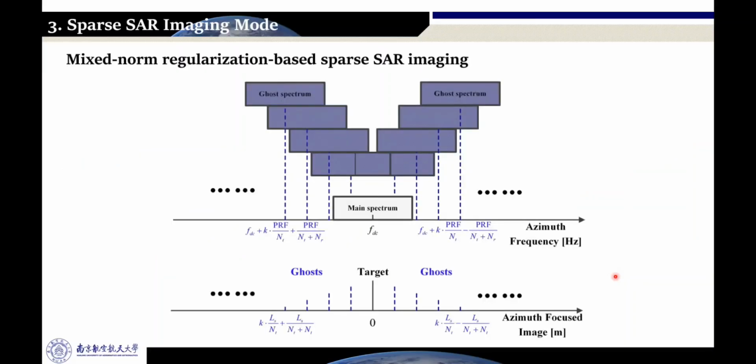The relationship between the azimuth ambiguities and their corresponding spectra is shown in the figure. In our design mode, the ambiguity centered at FDC plus or minus PRF has the most significant impact on the imaging results. We can use this relationship to specifically suppress the ambiguities.